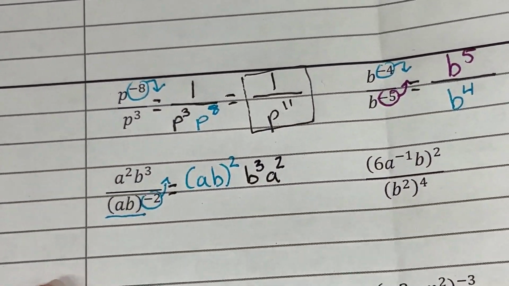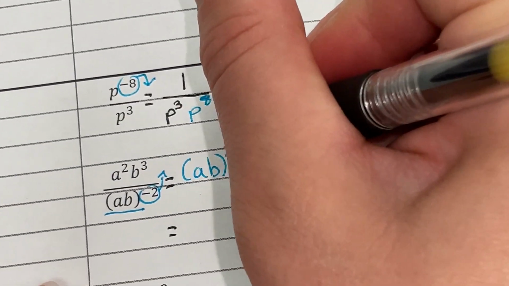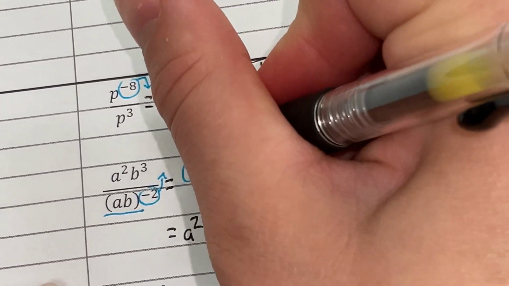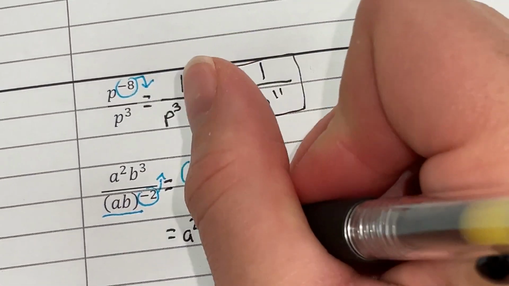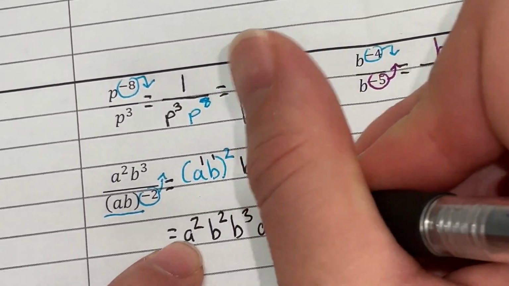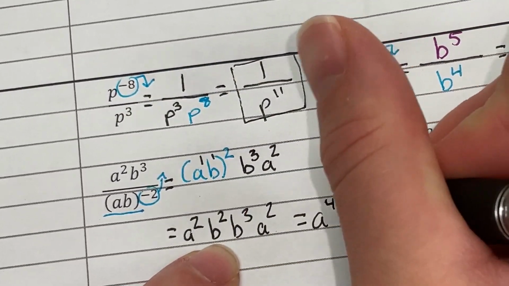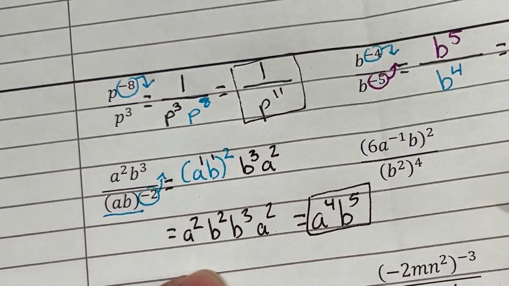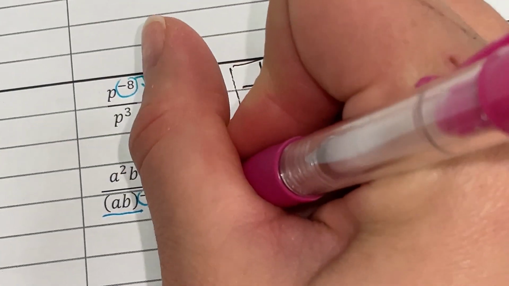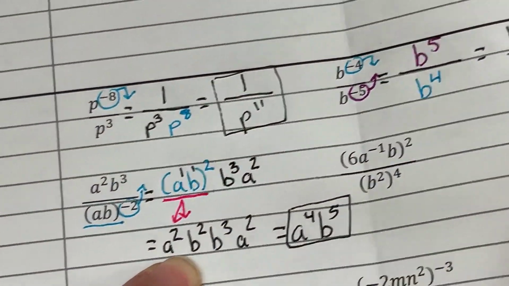There's no need to write anything on the bottom. And then I distribute this 2. So now we have a squared, b squared, b to the 3rd, and a to the 2nd. And that simplifies. We have 4 a's, and we have 5 b's. Okay? So just in case, this became a squared, b squared.